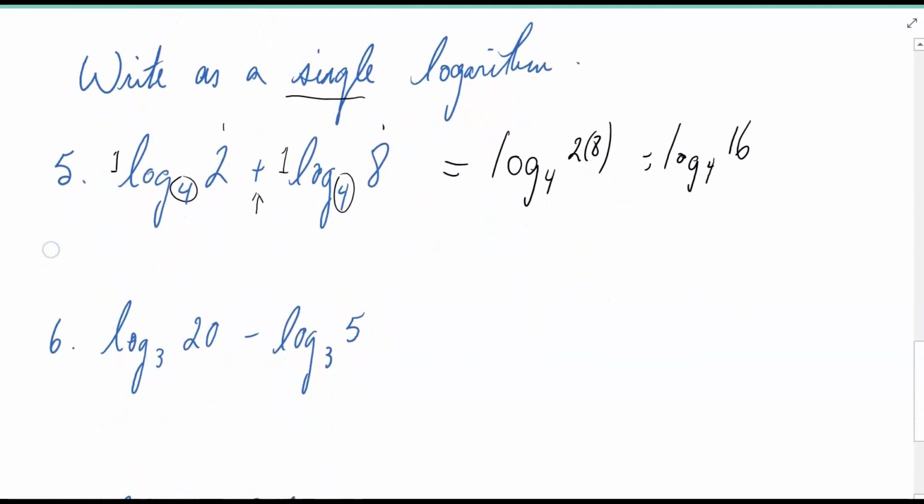When we have a difference, we are going to have a quotient. They're both log base 3, which is something important to check. Don't combine them if they're not the same base. It doesn't work. So we have a single log base 3 of, we'll take this argument, 20, over 5. That is log base 3 of 4.